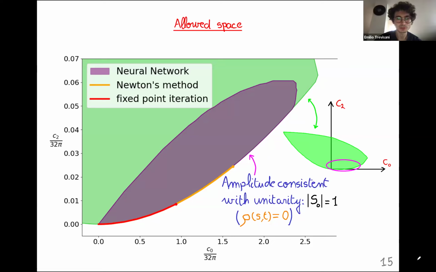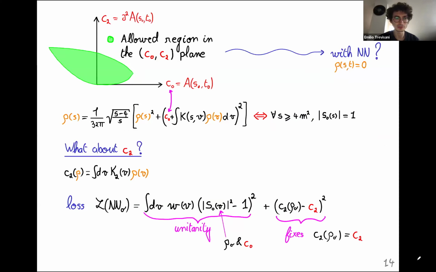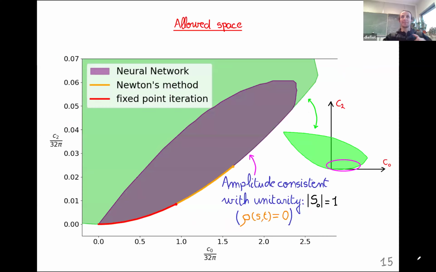I have a question. So what happens? You have this new loss function, and if you put a value of C0 and C2 that is outside the purple region, it just doesn't minimize it to 0? Okay, very good question.